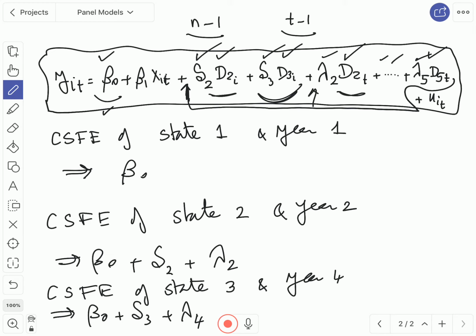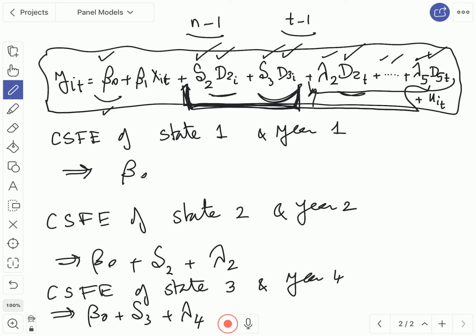We can also have a question about whether the cross-section effects are statistically significant or not. Then in this situation, we're going to do an F-test on only these two. We can have a question on only the time effects, so it's going to be lambda 2 all the way up to lambda 5. So there are different combinations of different tests that can be done.